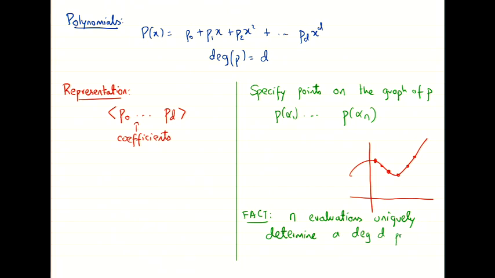Actually, let me just use the same thing: D plus 1 evaluations uniquely determine a degree D polynomial. So as long as I give you at least D plus 1 points on the curve, you know what the curve is. So it's a different way of representing polynomials, right?